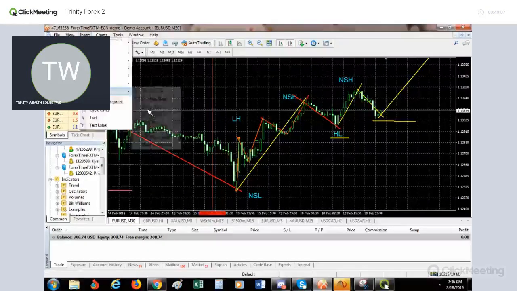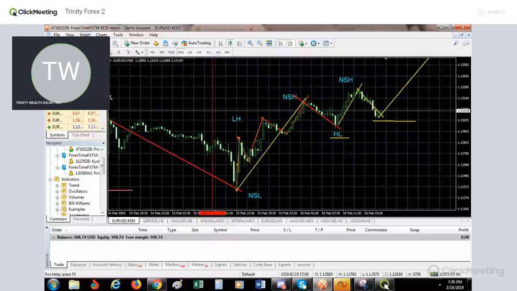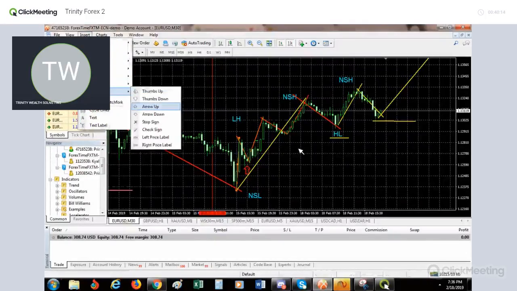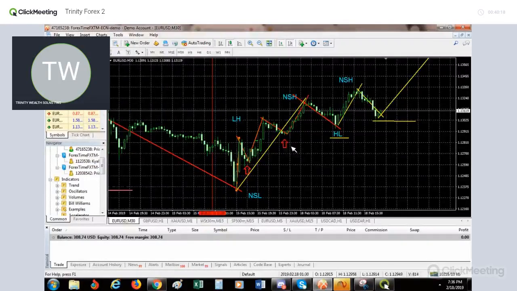If it was the minor swings, you can enter here, you can enter there, you can also enter there. If you are trading the minor swings, you should try as much as possible to ensure you trade in line with the main swing.